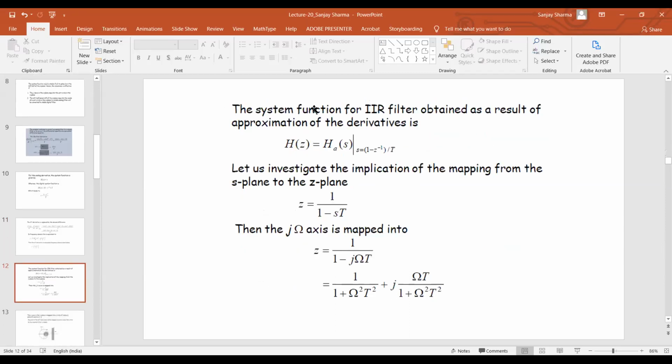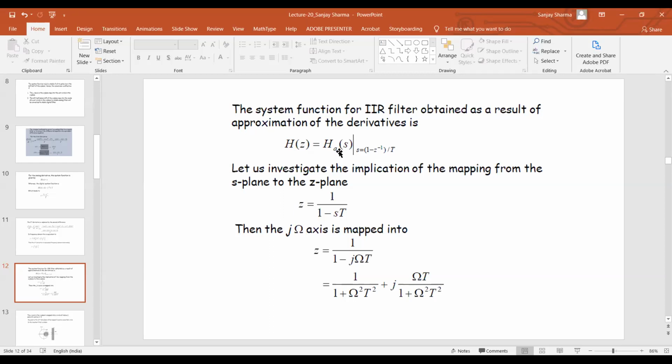Now the system function for IIR filters is obtained as a result of approximation of derivatives. Now, how do we obtain the system function? In the digital domain, Hz will be equal to Hs. This will be given, because we already know the transfer function, the system function, in the analog domain.